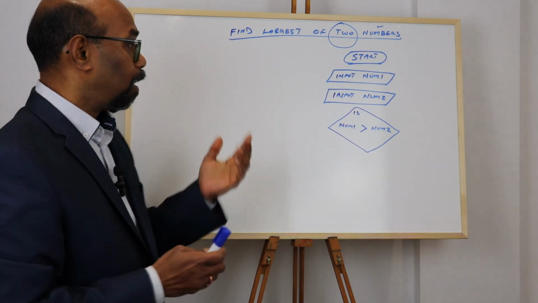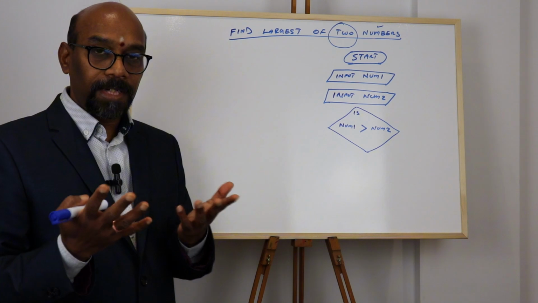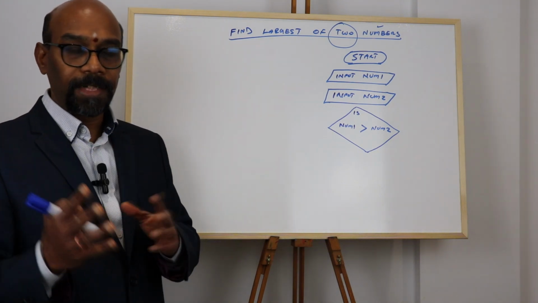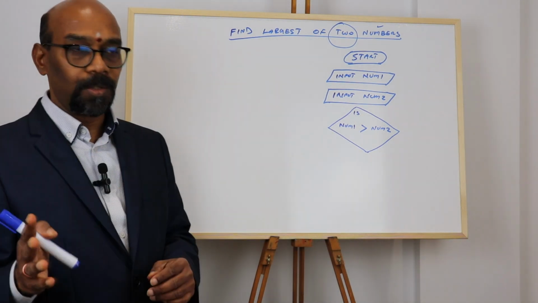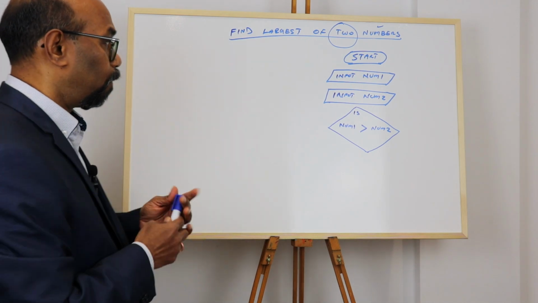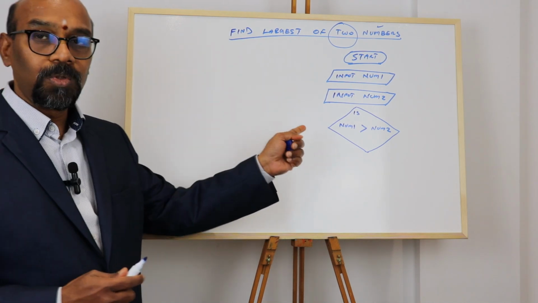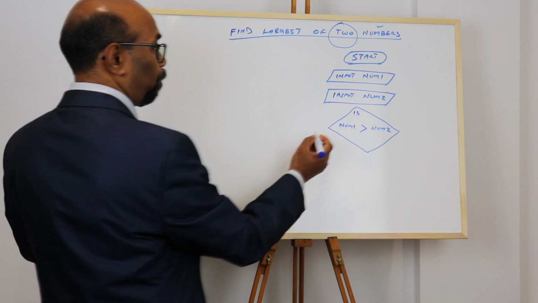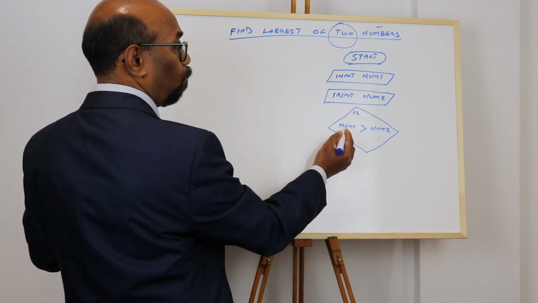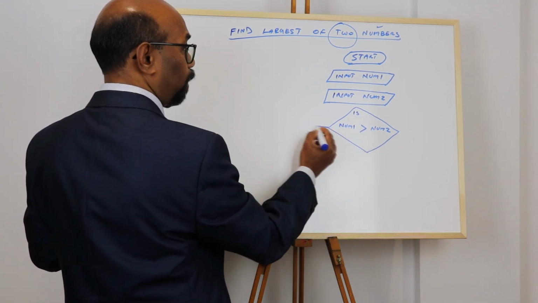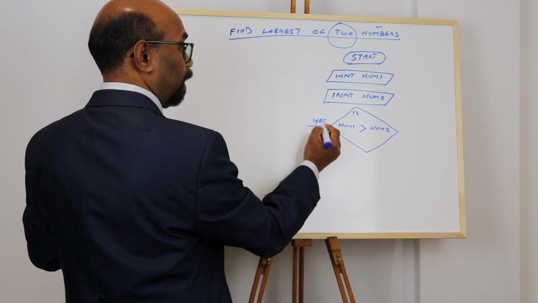Okay. So, is number 1 greater than number 2? Whenever you compare two things, the outcome will be either yes or no, so this should have two outputs. One, if number 1 is greater than number 2, then yes.